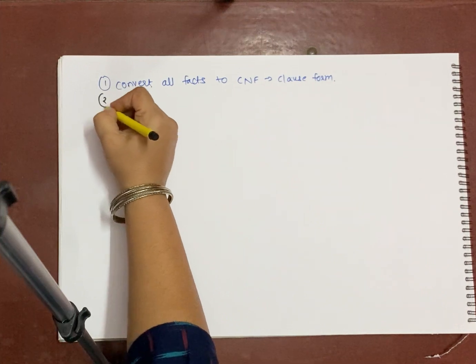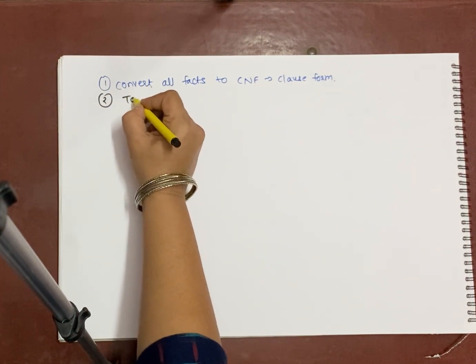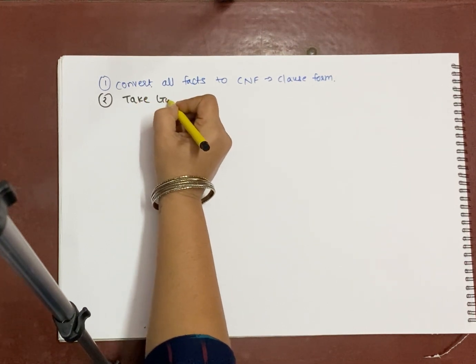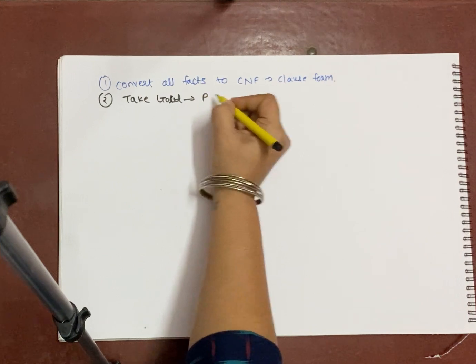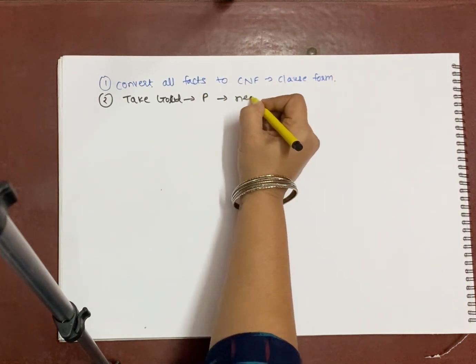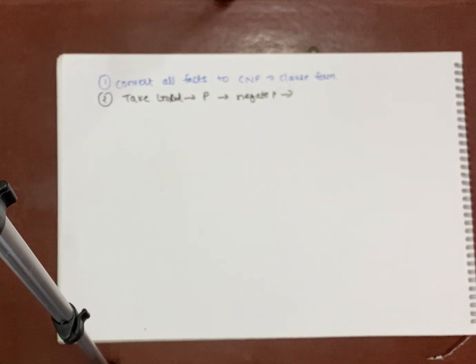What is the second step that you have to apply? Take the goal, let us say the goal is P. Now negate P, and after negating, this is very important, please focus properly.